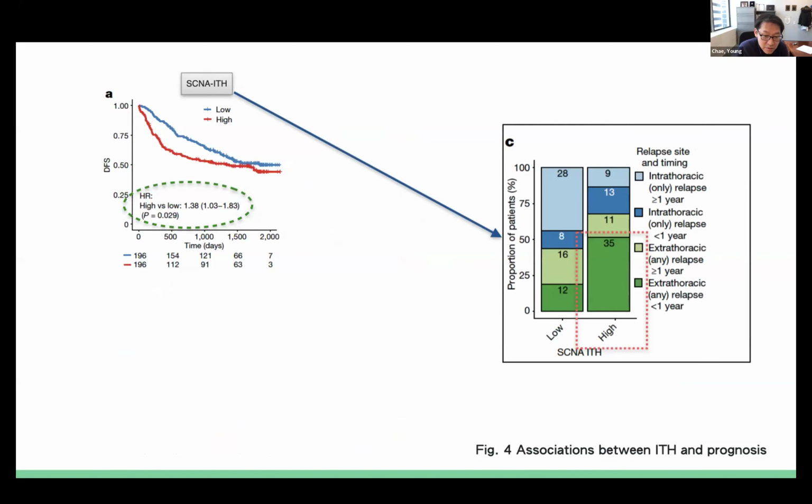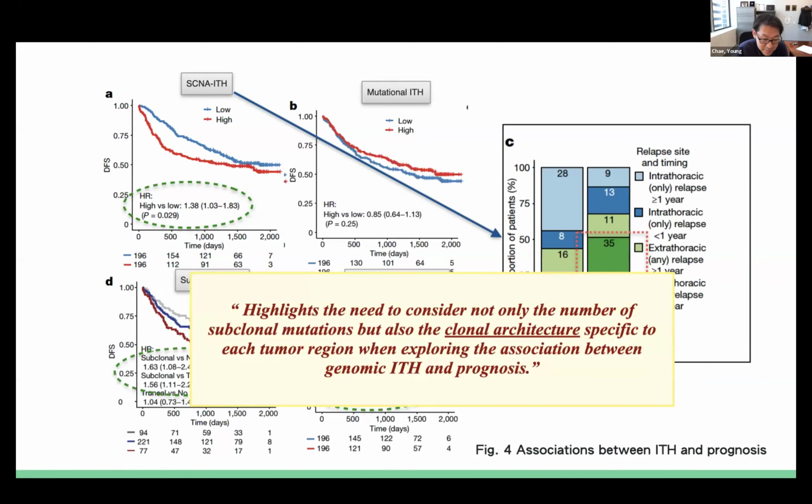Yeah, read that sentence. This highlights the need to consider not only the number of subclonal mutations, but also the clonal architecture specific to each tumor region when exploring the association between genomic ITH and prognosis.